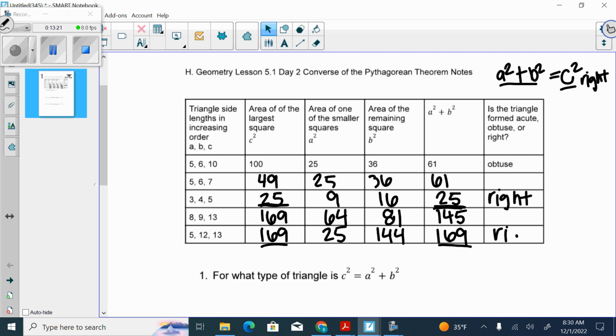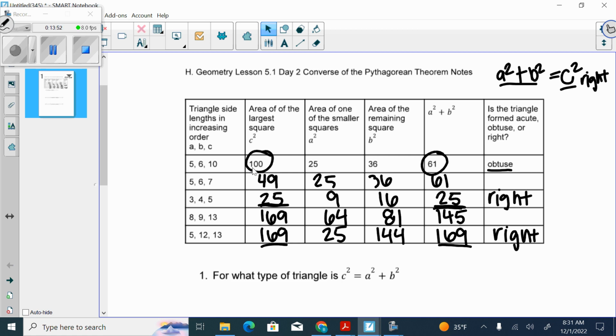Okay. All right, so those must be the numbers that are determining what kind of triangle we have. So let's look. They already filled in that this one was obtuse. Let's compare those 2 numbers. So was C squared greater than 61 or less than 61? Okay, so that must mean any time that C squared is greater than your A squared plus B squared, that we get obtuse.